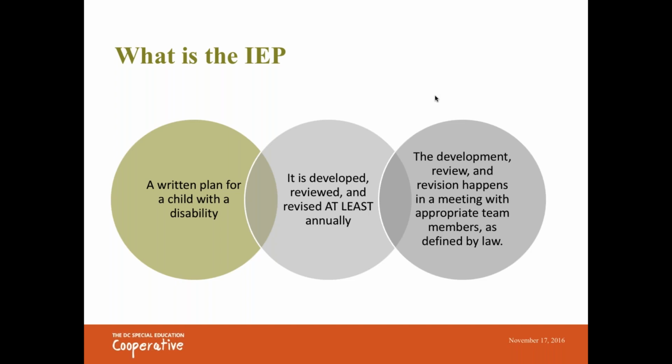So at least once a year it has to be reviewed, and changes need to be made according to progress or lack thereof. And this development, review, and revision happens with the appropriate team members, and these team members are defined in the law that governs the development of the IEP for any student.